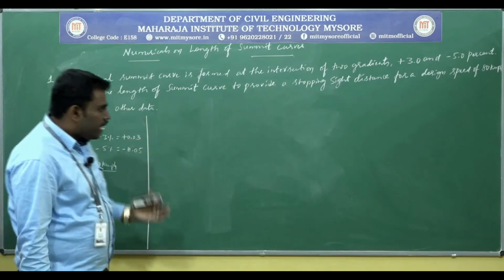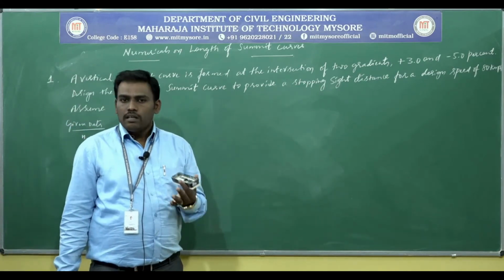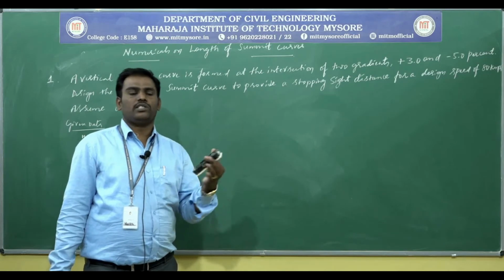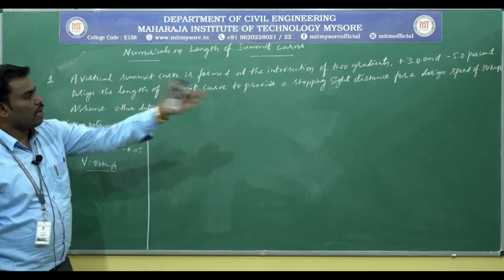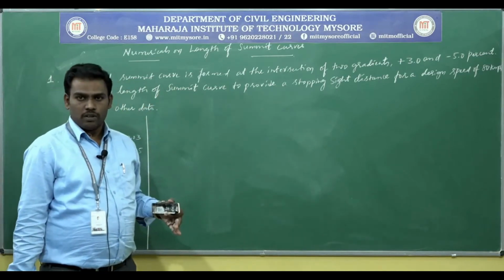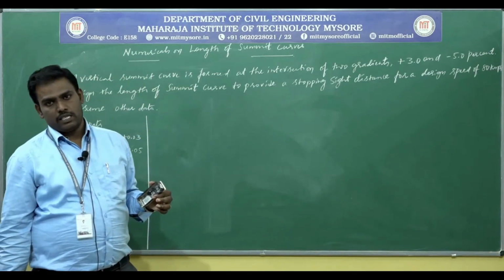So in that case, we have to assume suitable requirements or elements to calculate the stopping sight distance for the design speed of 80 km per hour. First you need to calculate the stopping sight distance.